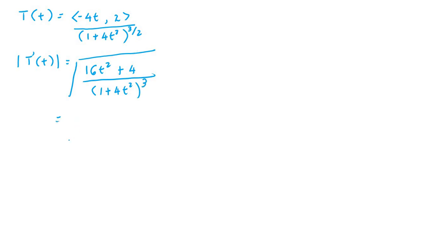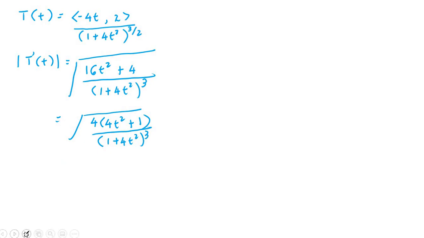Simplify against the numerator. This one 4, factor of 4. So this one you got t squared, 4 times 4t squared plus 1, divided by (1 plus 4t squared) to the power 3.